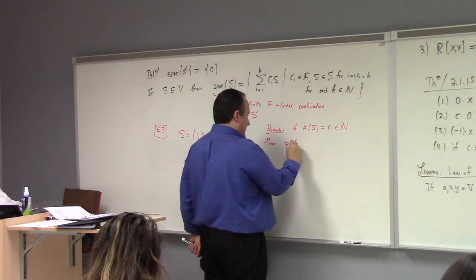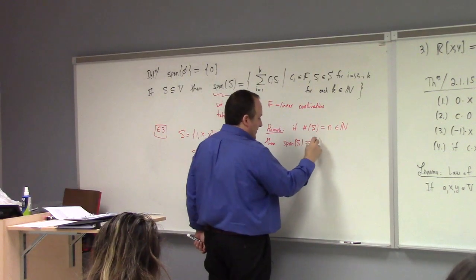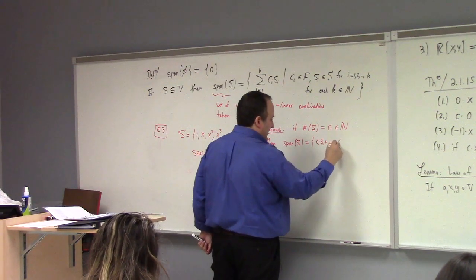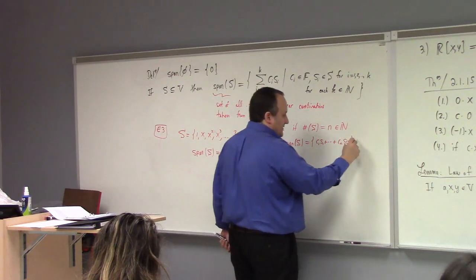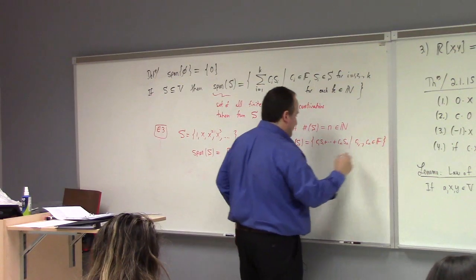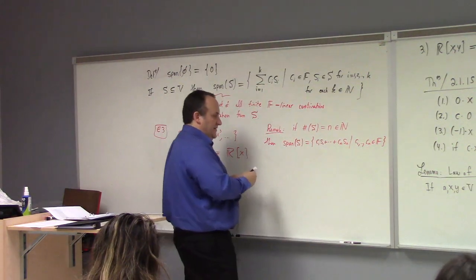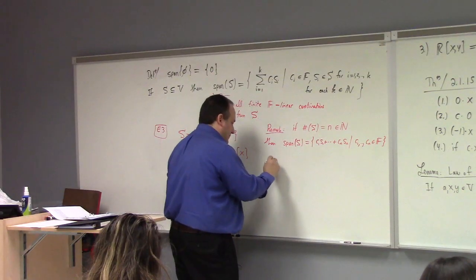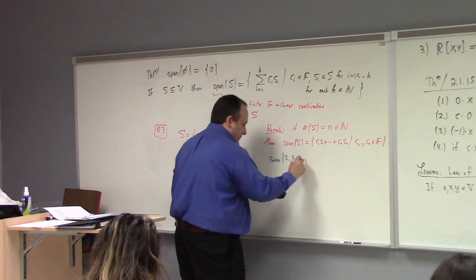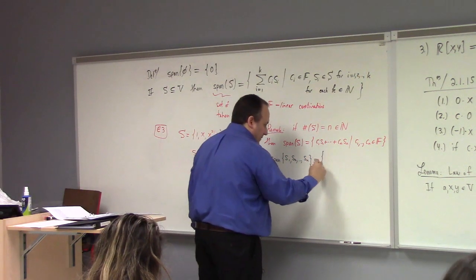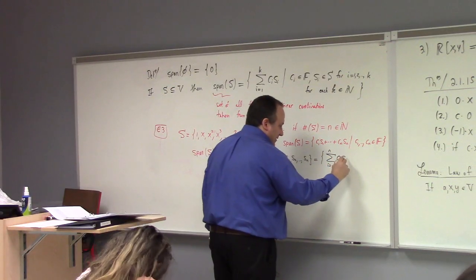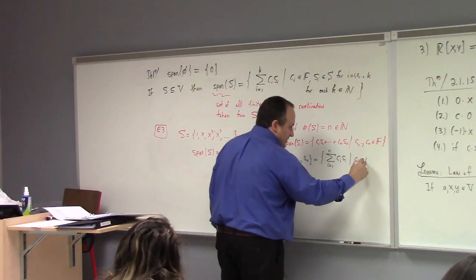The span of S is just c1 s1 plus da da da plus cn sn, such that the c's are in the field. Let me rewrite that in the better notation. In other words, the span of the set containing s1, s2 all the way out through sn is simply the sum i equals 1 to n of c sub i, s sub i, such that c sub i is a number in the field.